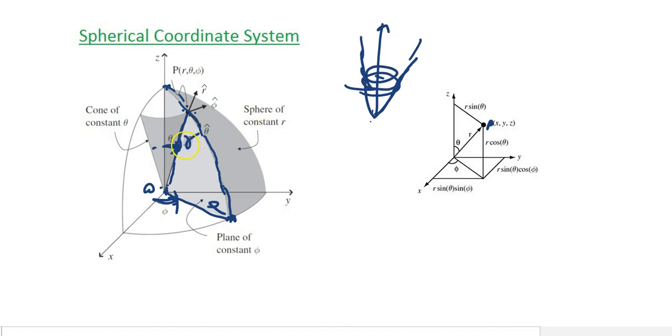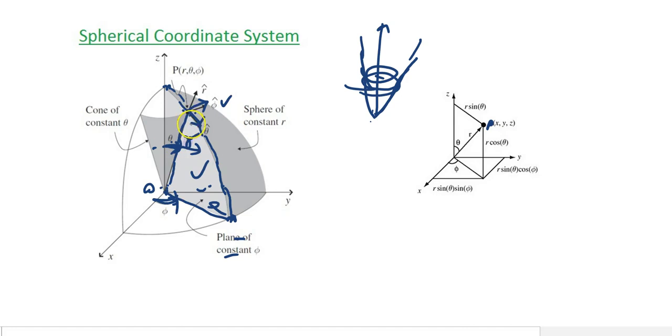So the unit vector perpendicular to this plane is your a phi. You see, this is your a phi, and for a constant phi it's a plane, this plane. So the perpendicular unit vector will be perpendicular to this plane, so this will be a phi.